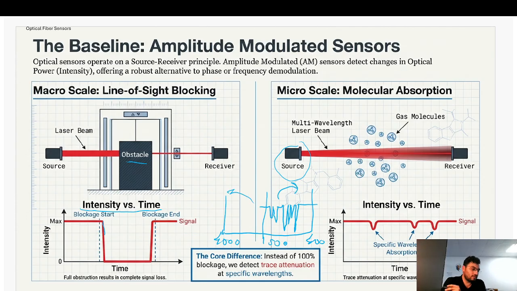Functional group region means if you have some kind of molecule, suppose benzene, it can have a functional group also, suppose nitrobenzene, so NO2 on top of it attached to the benzene. This is a functional group, so it will have some kind of functional group absorption also. It will come on this side, above 1500.